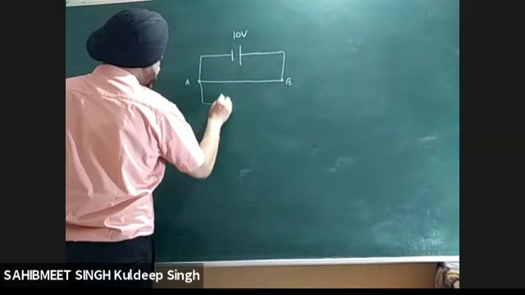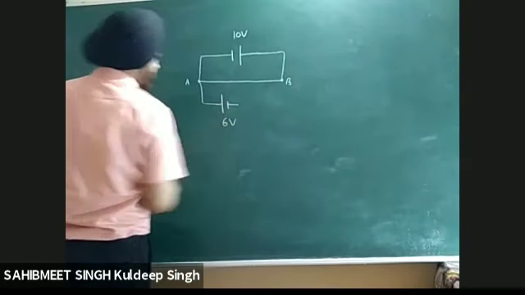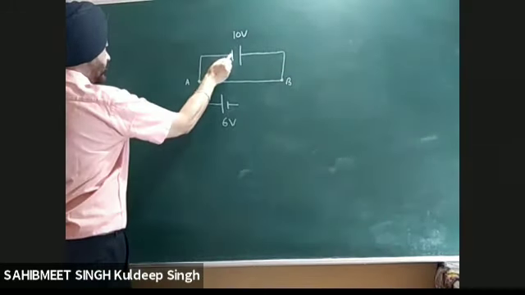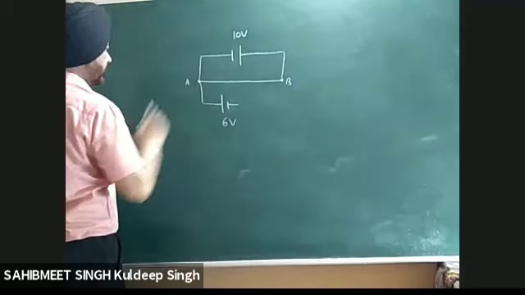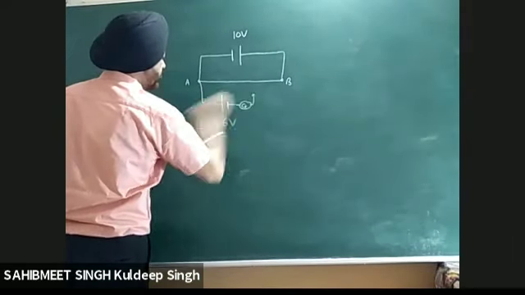I have connected that 6 volt positive terminal here and its negative terminal here. Same polarity is not connected, and I want to find out the null point.